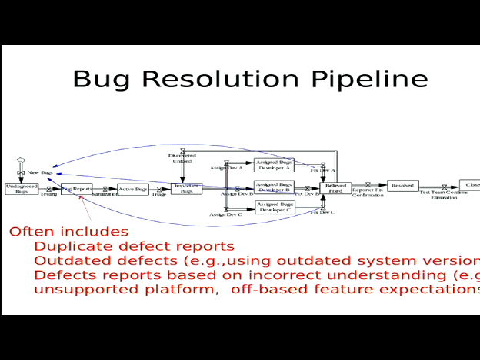Or it could be due to something that's technically not a bug per se with the system, but it's a misunderstanding or an inconsistency with the documentation, for example. So you have duplicates, you have outdated things, and things based on poor understanding. So this sanitization process is extremely important for knowing how many really real, distinct defects do we have? And those are what we call active bugs, okay?